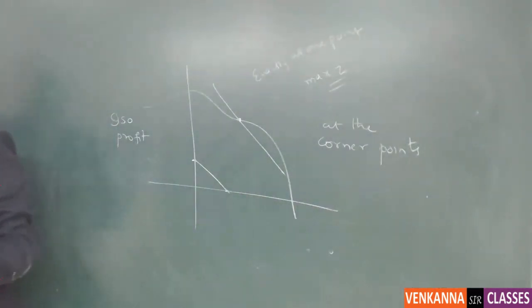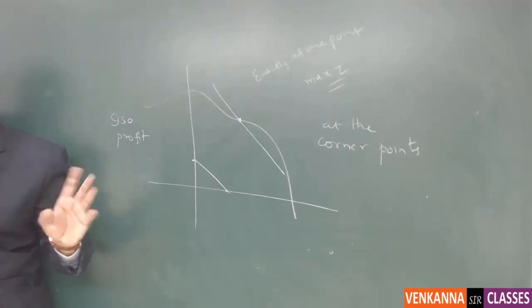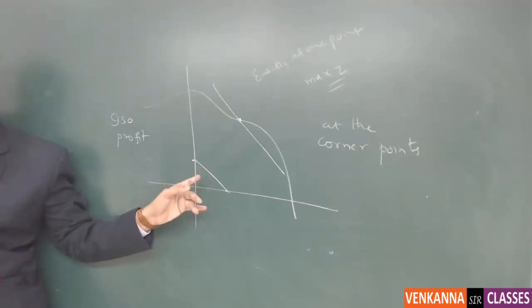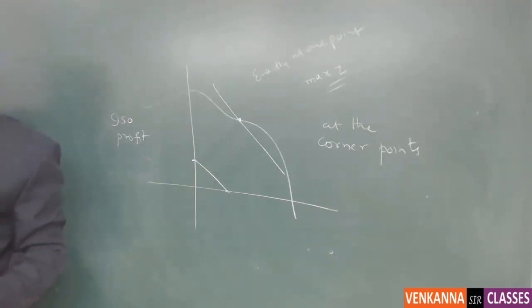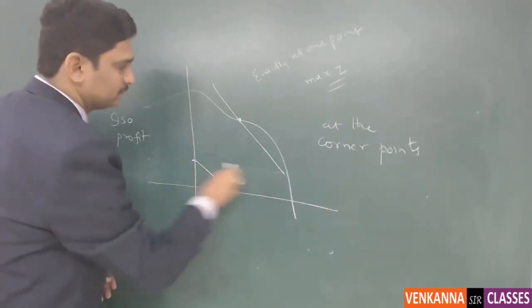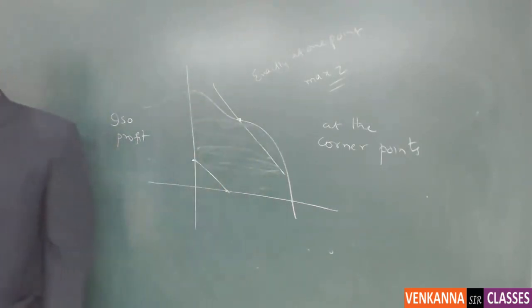The thing is, this method is useful to find the solution, but the complexity is there. If the feasible region is not in a good shape, drawing these iso profit lines becomes somewhat difficult. Let me say, if this is the feasible region, what does it mean?